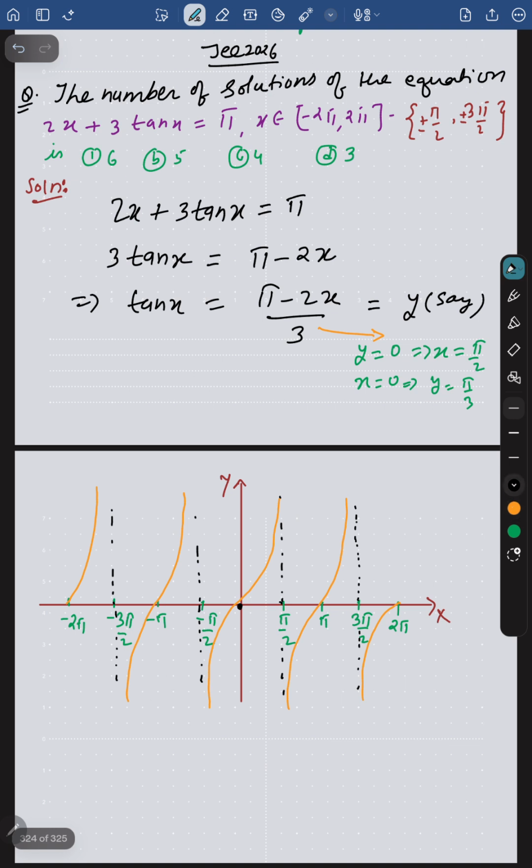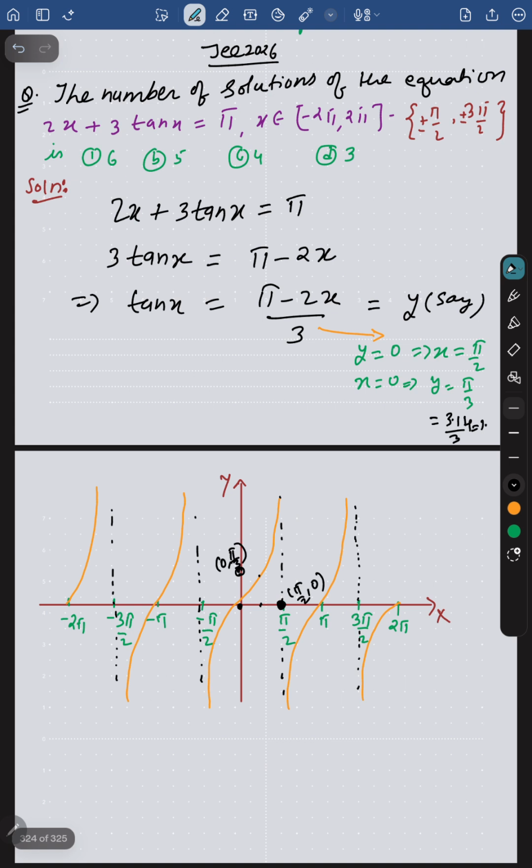You just write it also, pi by 2 and 0 for the line, and x is 0, y is pi by 3. Now pi by 3 is nothing but 3.14 upon 3, which will give you 1 point something. So if you take this point as pi by 4 is 1, suppose this is point 1, so 1 point just above that. So this point we will consider as x is 0 and y is pi by 3.